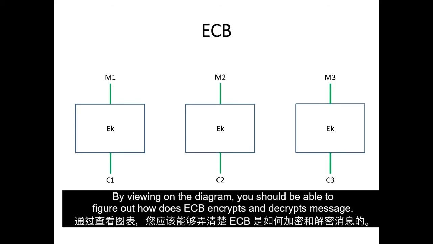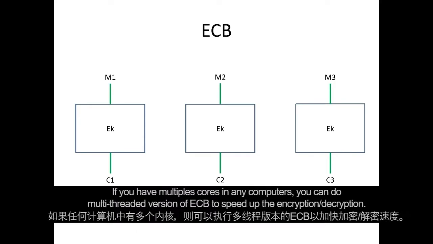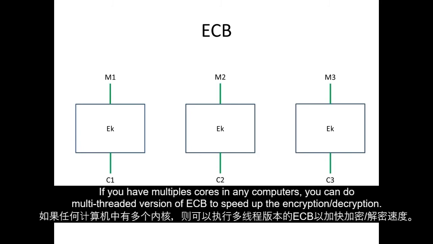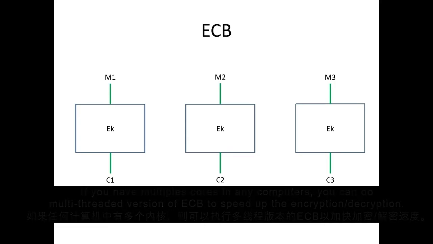By viewing on the diagram, you should be able to figure out how does ECB encrypt and decrypt message. If you have multiple cores in any computers, you can do multi-threaded version of ECB to speed up the encryption or decryption.